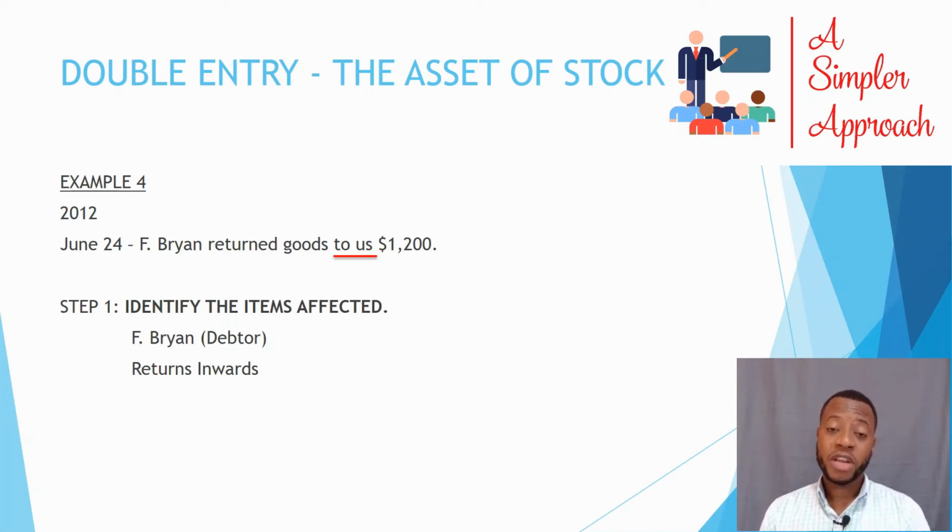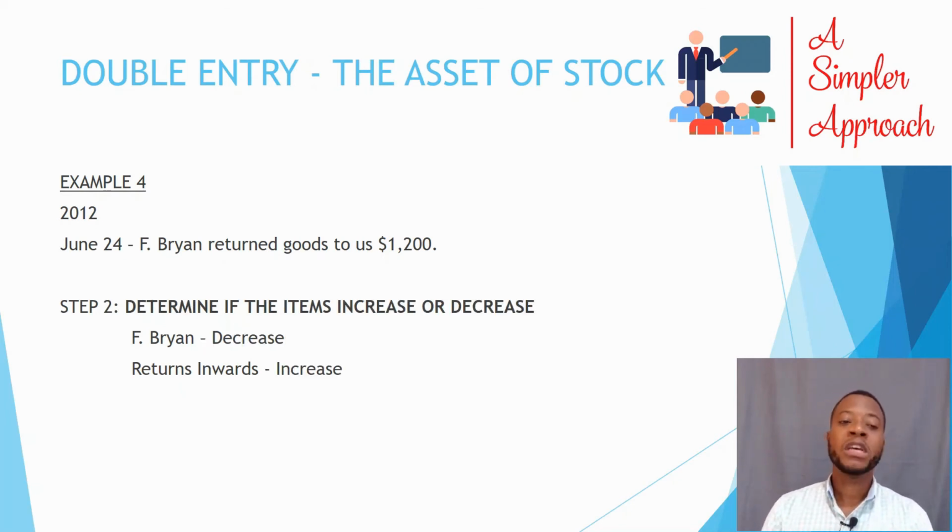We already know that goods returned to us is referred to as returns inwards, which means that goods were previously sold to F. Brian. Whatever the reason, he has sent goods back to us. So the 2 items affected here are F. Brian and returns inwards.